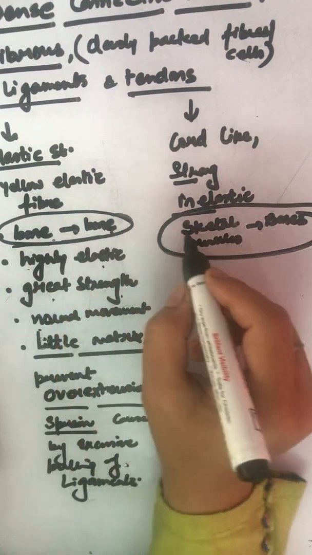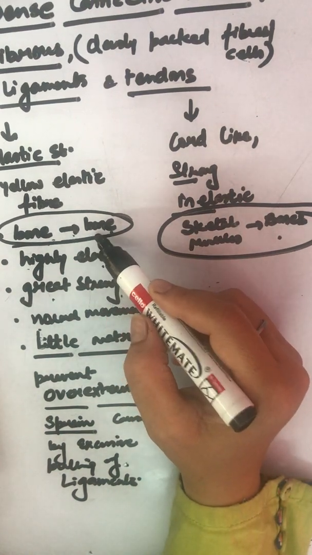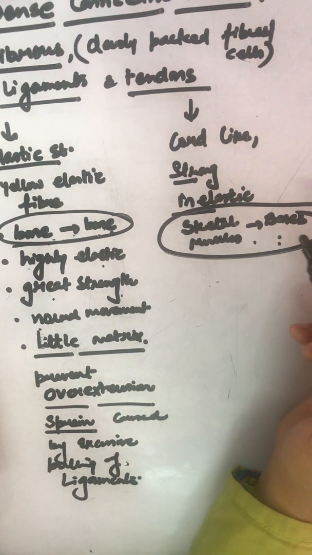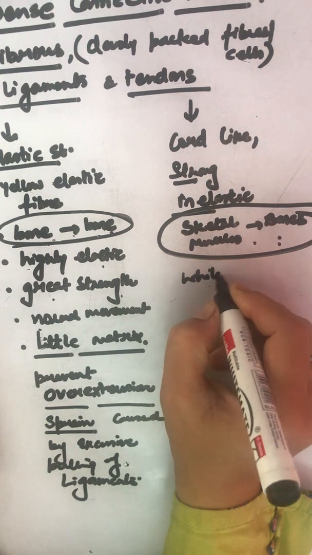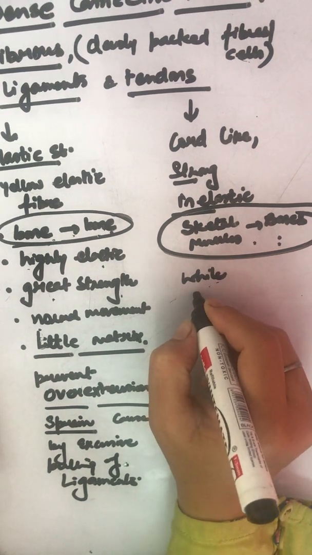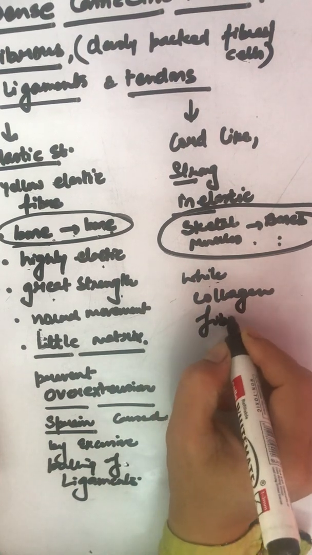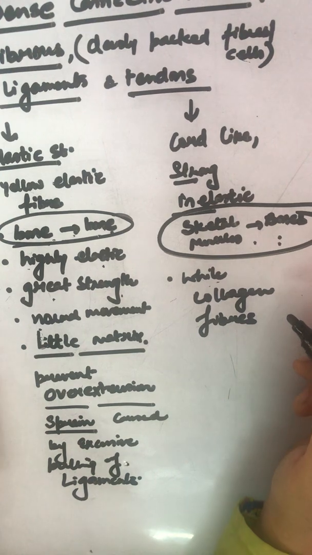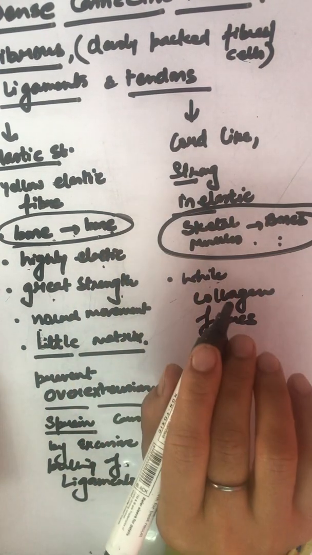See the difference. Ligaments join bone to bone, tendons join skeletal muscles to bones, and are composed of white collagen fiber. White collagen fiber. These are the names of their fibers, what these are composed of. Okay, you have to remember them like this, that their basic work is like this.